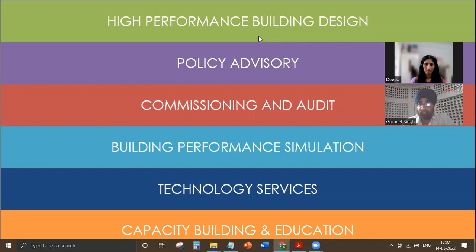The fifth one is technology services. We look into developing dashboards and IT tools, but again, the scope or the boundaries are related to buildings. For example, we developed a dashboard for monitoring 200 homes across India to understand their equipment usage, so that in future it can help policymakers.